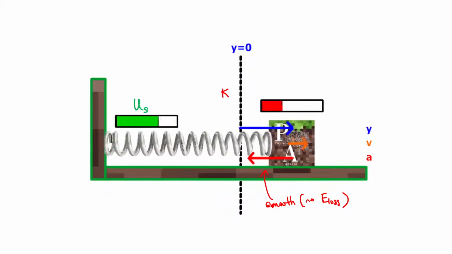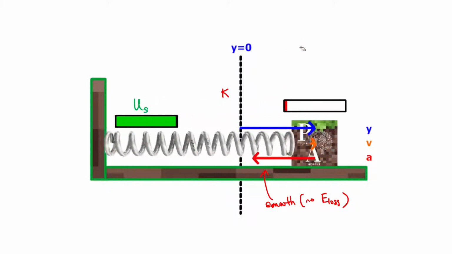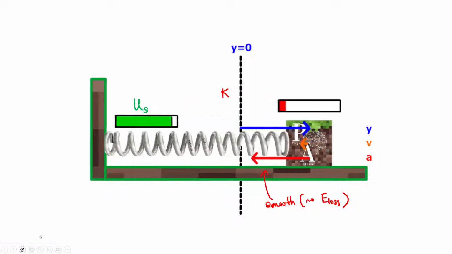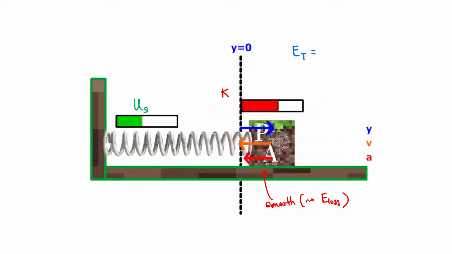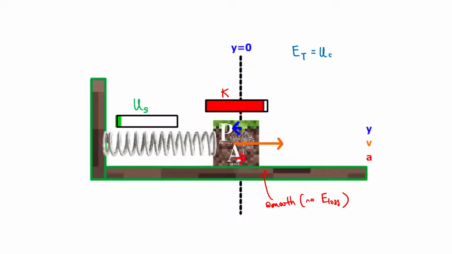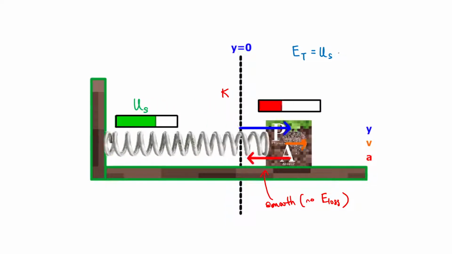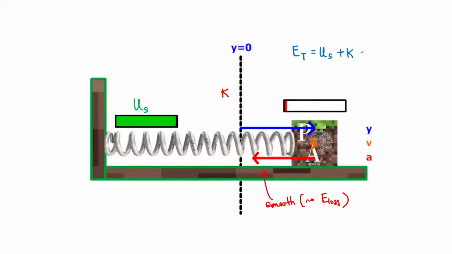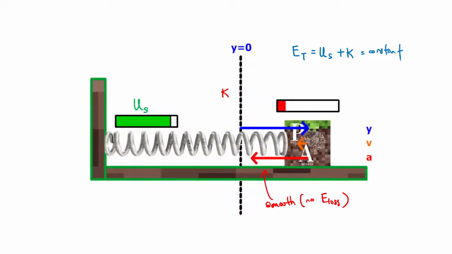You see that? So the total energy is always the elastic potential energy in the spring plus the kinetic energy of the block, and it is always constant.